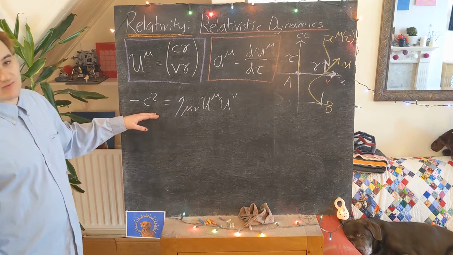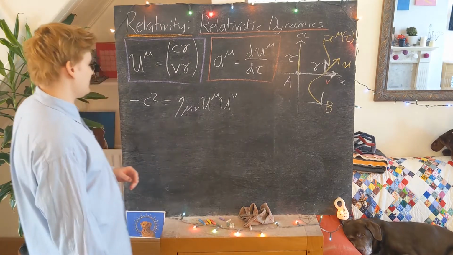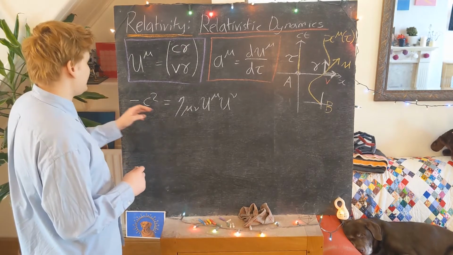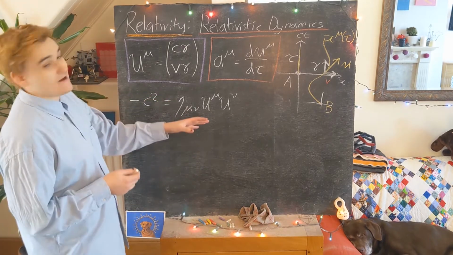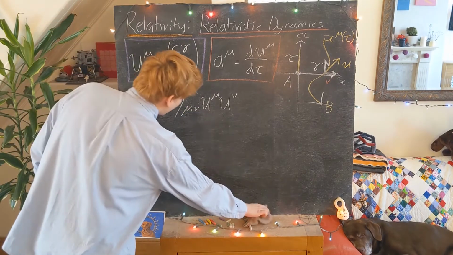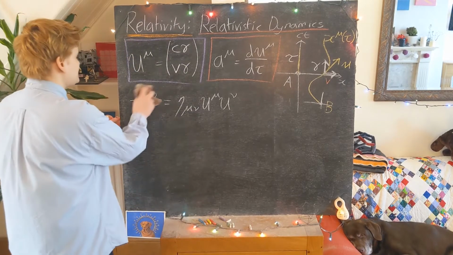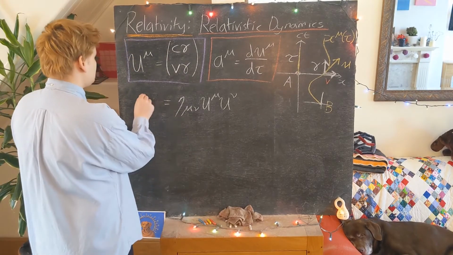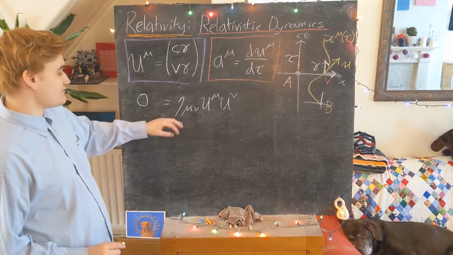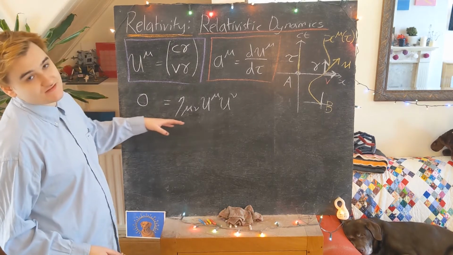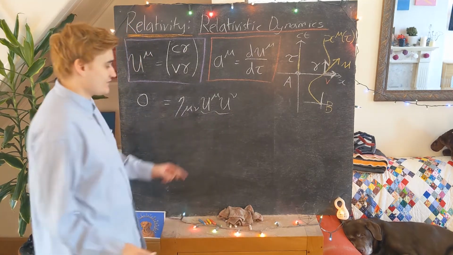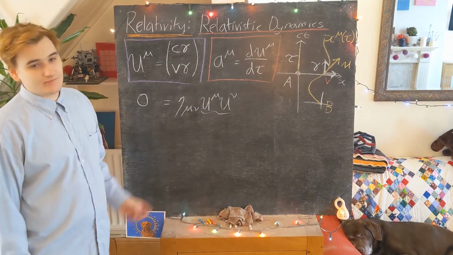This was just our normalization condition for the full velocity, but now let's do something that might feel a little bit strange: let's take a tau derivative of this expression. So I'm going to take the derivative with respect to tau. Of course, the derivative of a constant is just going to give us 0. And now I'm going to have to use the product rule on these three terms. Obviously the derivative of this eta is always going to give 0. And so I essentially need to calculate the tau derivative of this product here.